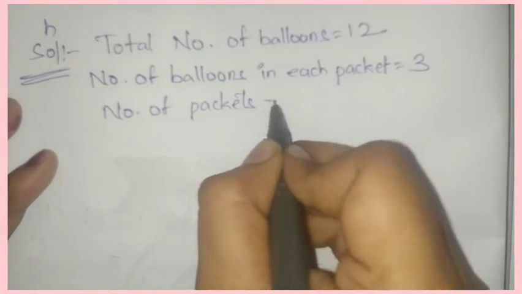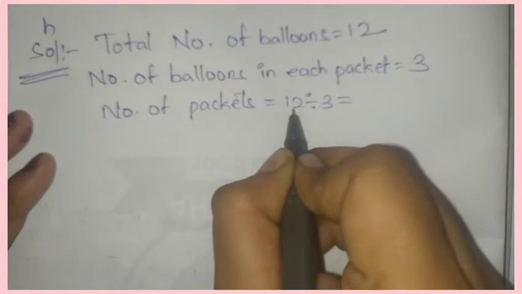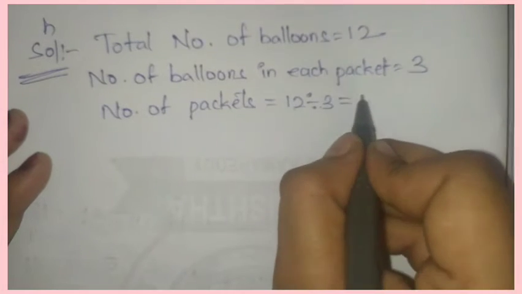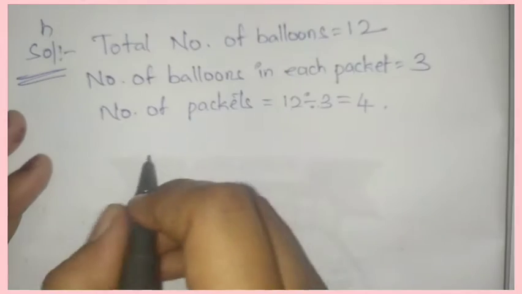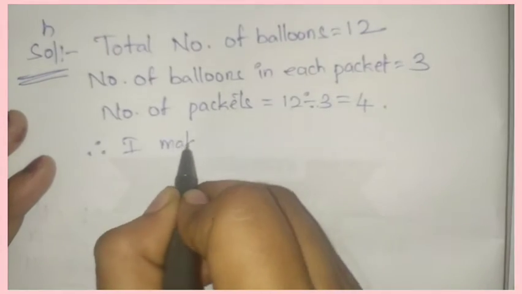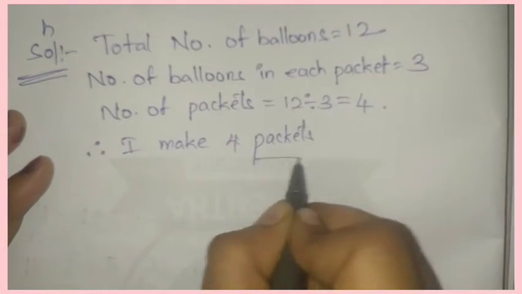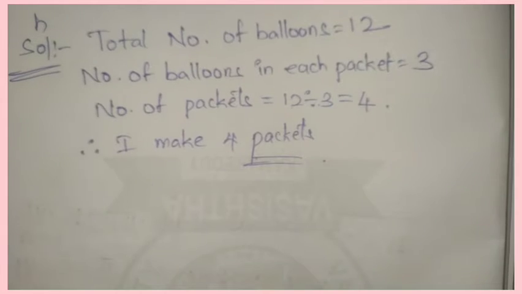Number of packets I can make: 12 divided by 3. In 3 table when we get 12, 3 fours are 12. So 4 is the answer. Therefore, I can make 4 packets. Okay, this is H answer.